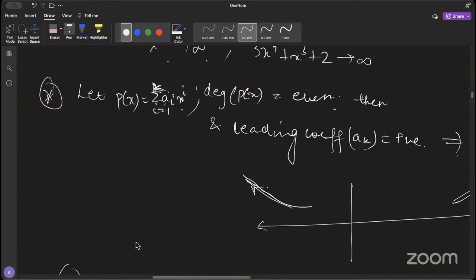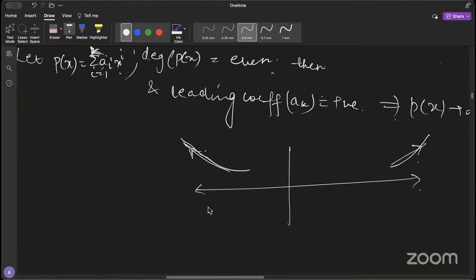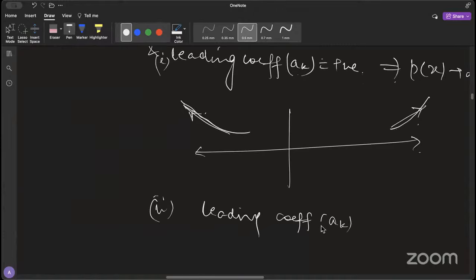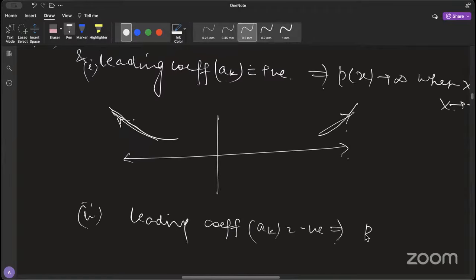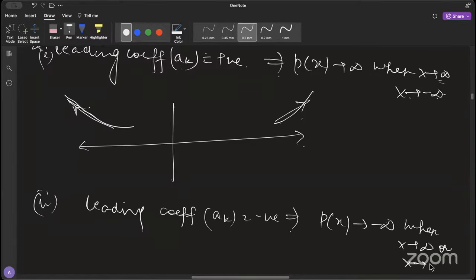And the next one is, this was for when your leading coefficient was positive. Now, this is case 1. If your leading coefficient, that means ak, is negative, now this should mean that your px tends to minus infinity when x tends to infinity and when x tends to minus infinity.